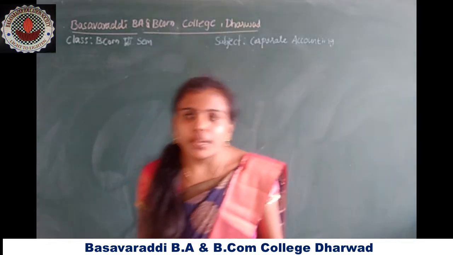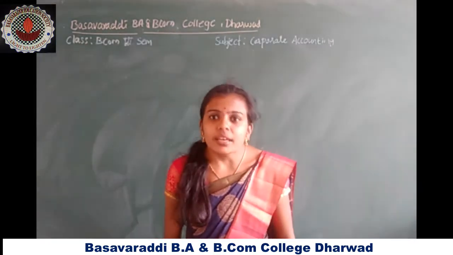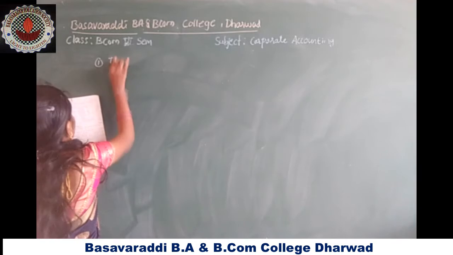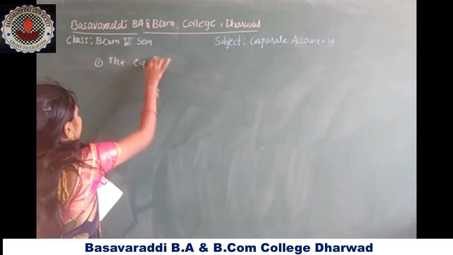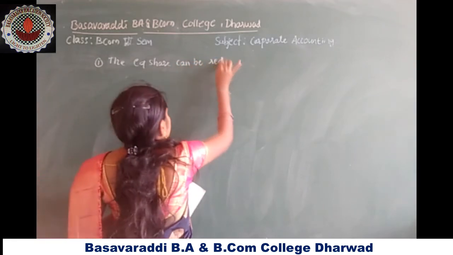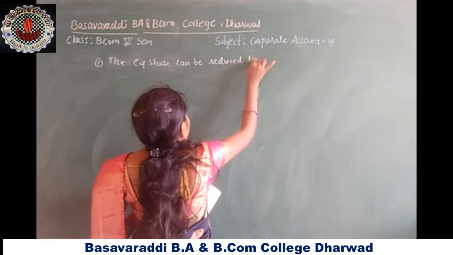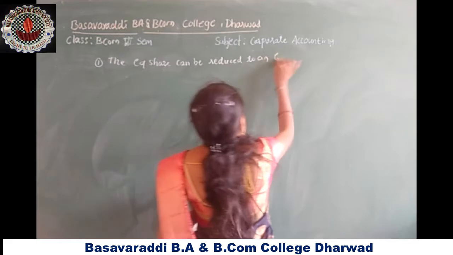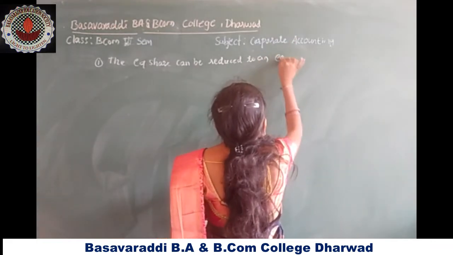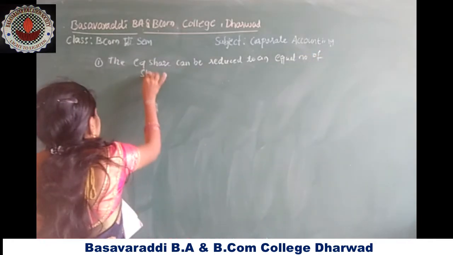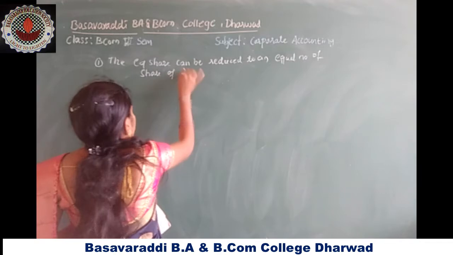First, we have to calculate the capital reduction of the company. The given information is, first, the equity shares can be reduced to an equal number of shares of rupees 5 each.